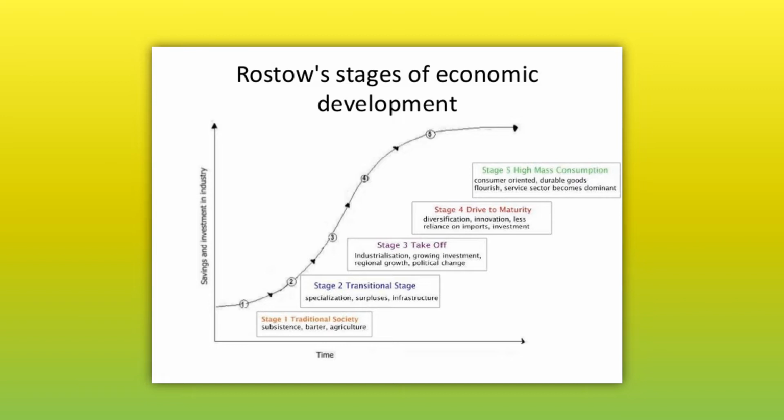They all start out as traditional societies, subsistence activities, subsistence agriculture. Then they move into various types of specialization, agricultural surplus, start specializing perhaps in some simple industrial products, and then with the right amount of investment, they can industrialize, and that's called the takeoff stage.